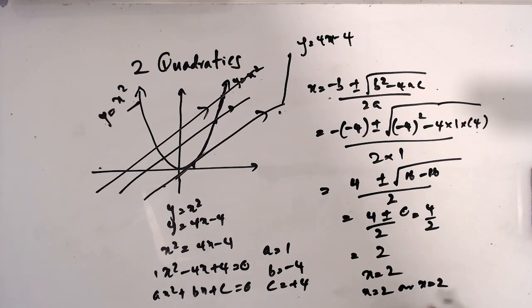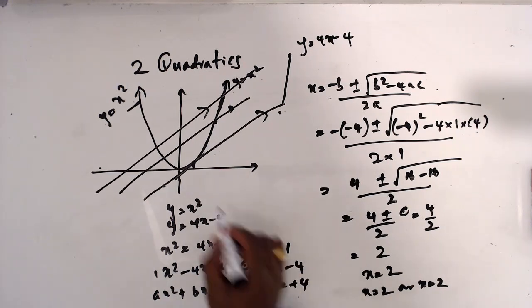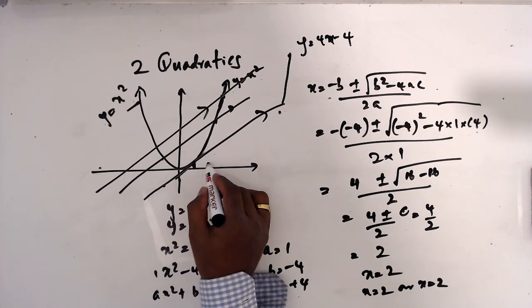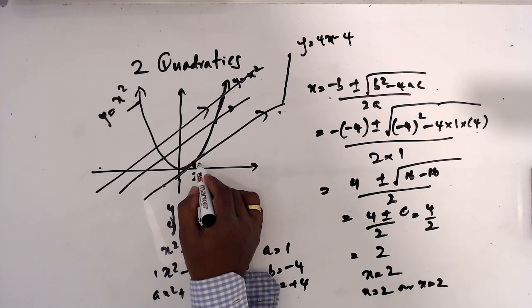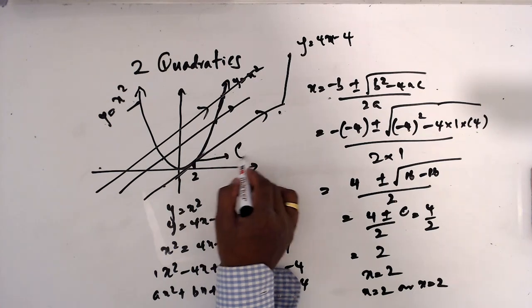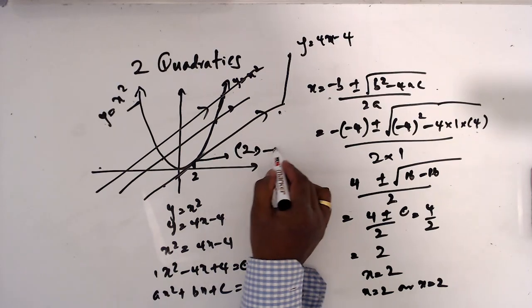So what is this value then? The coordinate of this point is 2, comma, and the y value.